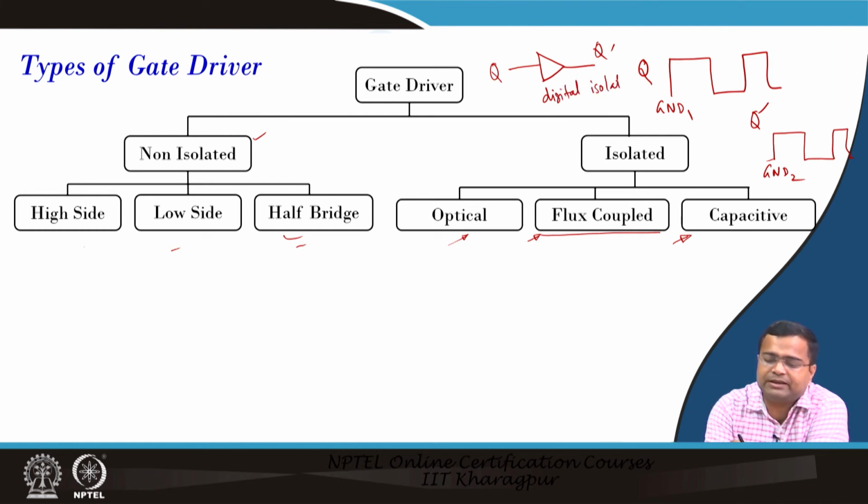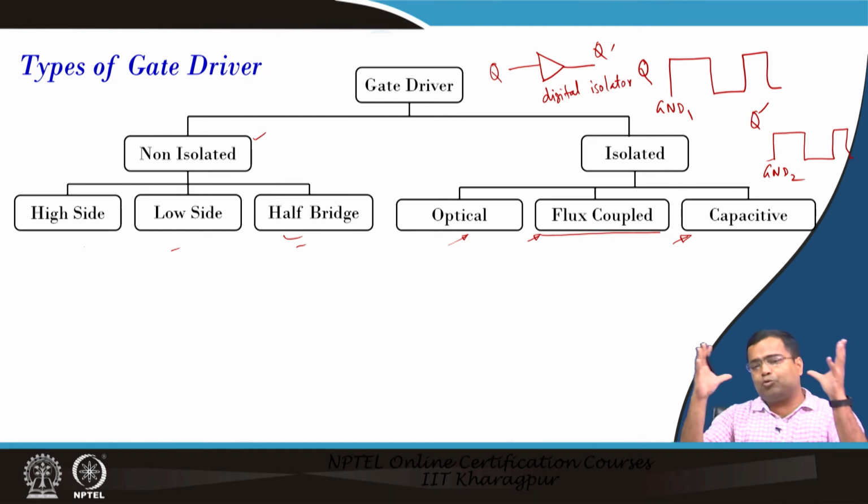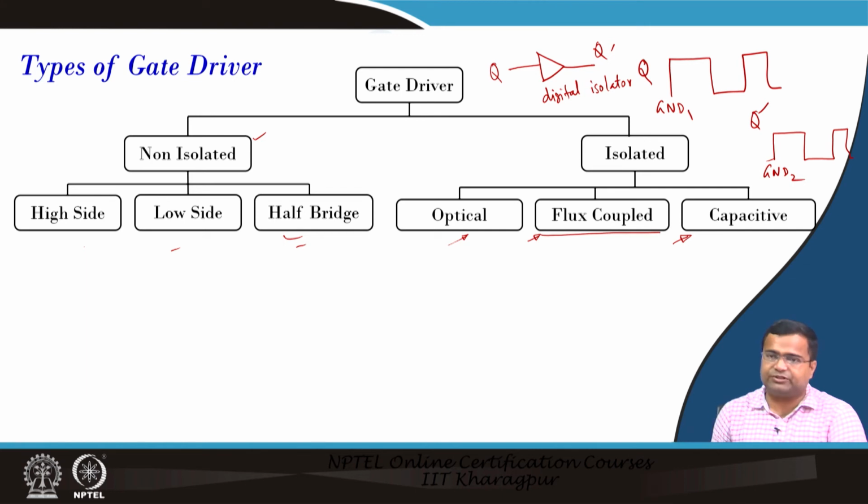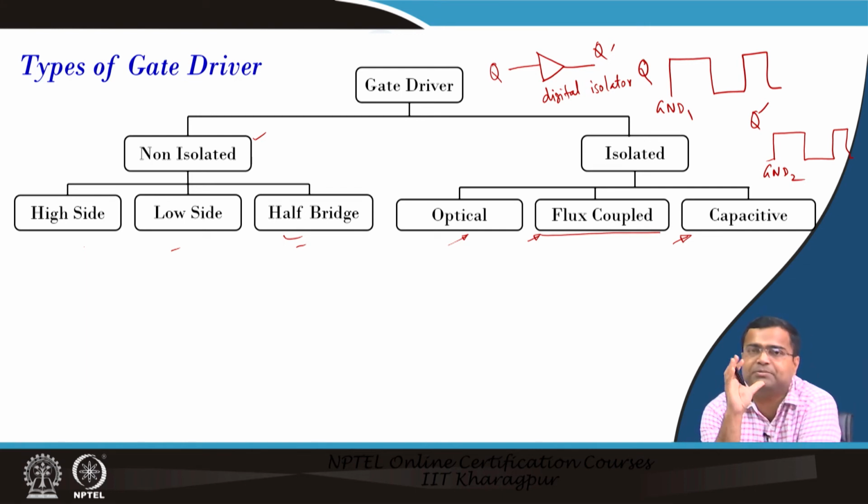This can be a capacitive isolator, which can be much faster and can support tens of megahertz switching frequency, even more. So, these are the challenges now coming when you are going for half bridge gate drive for gallium nitride devices as well as silicon carbide at high frequency, where you may not simply go for a traditional isolated device. So, how to deal with gate drive, there is a lot of research as well as commercial products coming up.